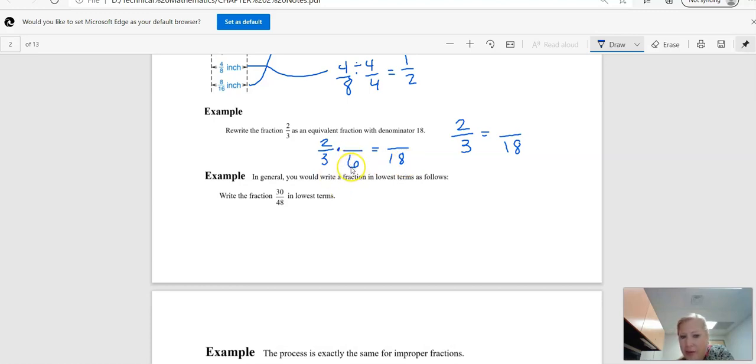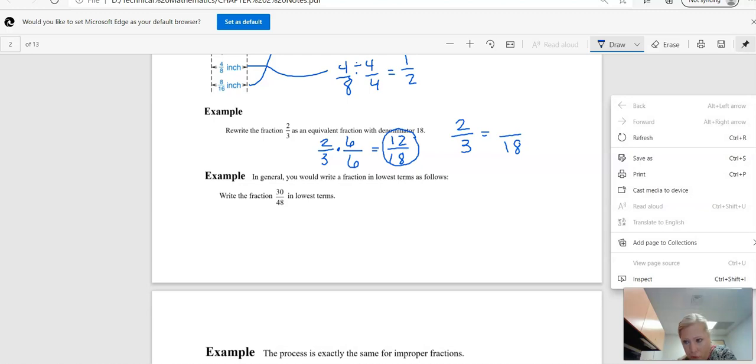So if I multiply by 6 on the bottom, in order to keep it equivalent, I'm going to have to multiply by 6 on the top, because 6 over 6 is just the same as multiplying by 1, and 2 times 6 is 12. So there's my equivalent fraction with a denominator of 18.